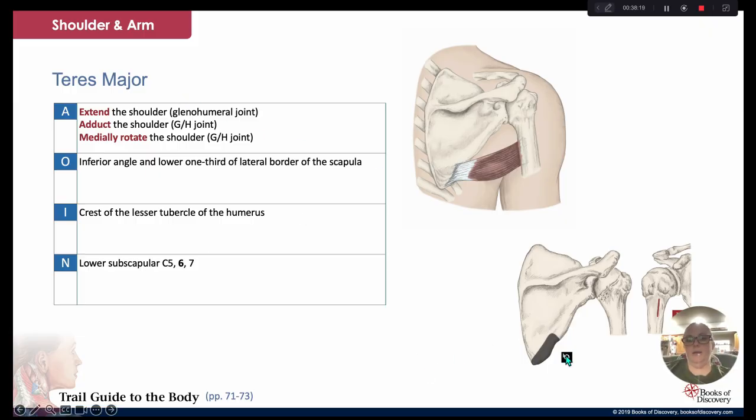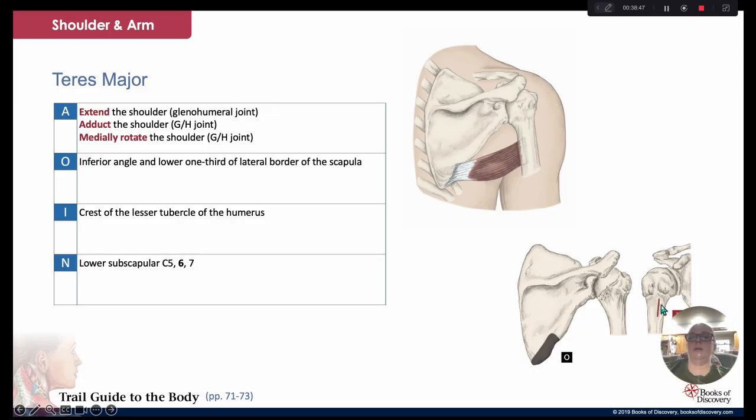The origin here is that inferior angle, that tiny little spot on the bottom, and the lower 1/3 of the lateral border. So an inferior angle, 1/3 lower part of lateral border, then it runs, connects onto the crest, which I'll show you what that is, of the lesser tubercle of the humerus.